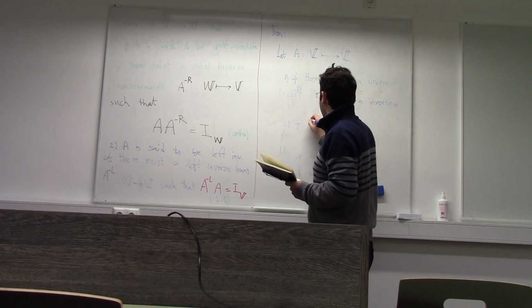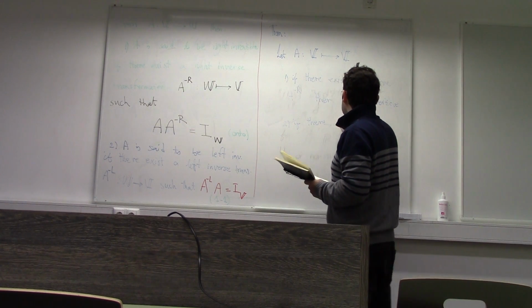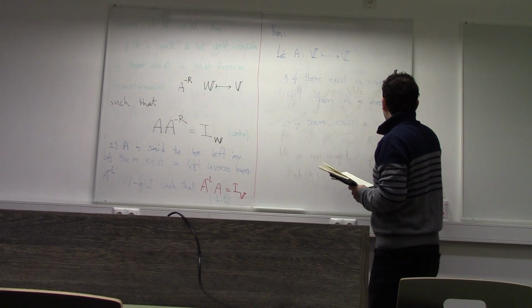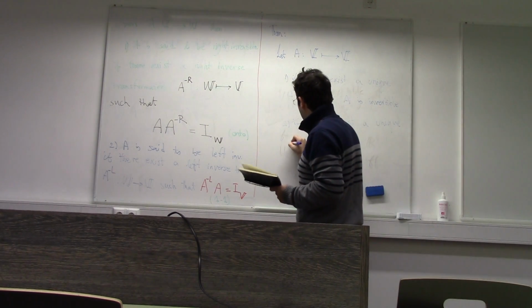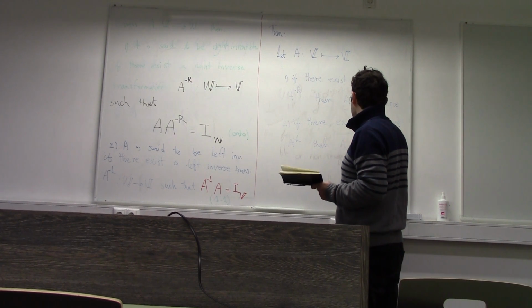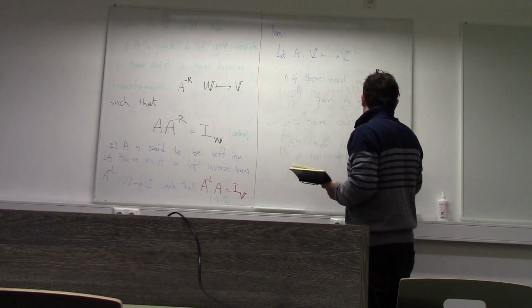If there exists a unique A minus L, then A is invertible.